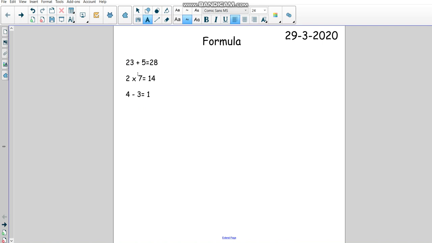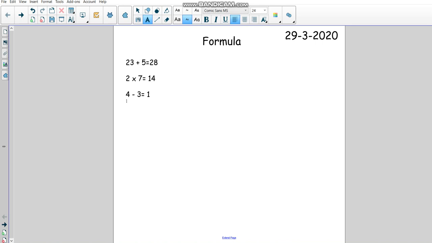We knew the answer because we know the number we are dealing with. We can see numbers, we can see an operation so that we can easily get an answer.